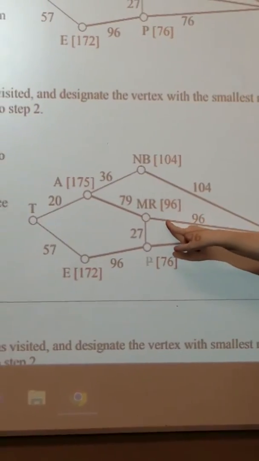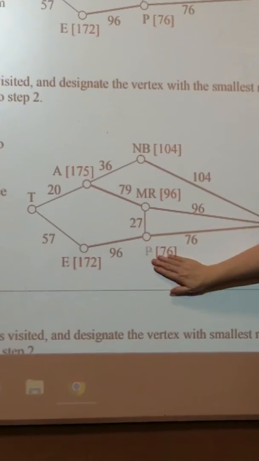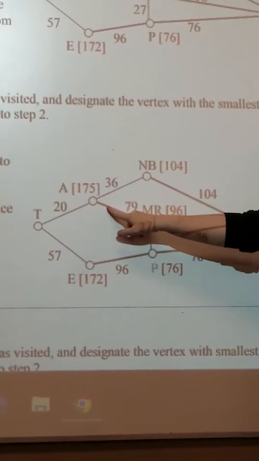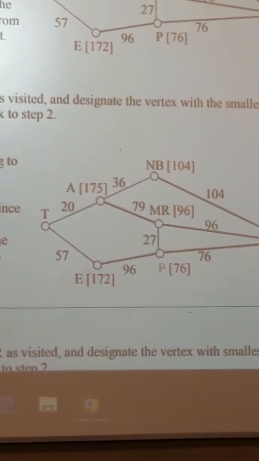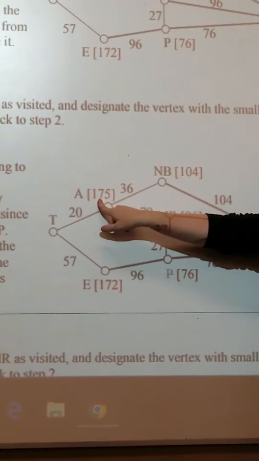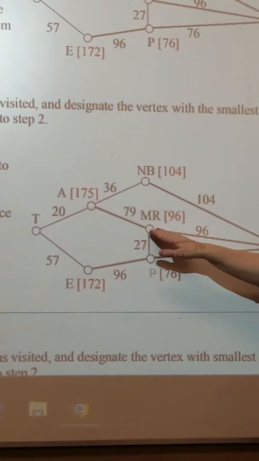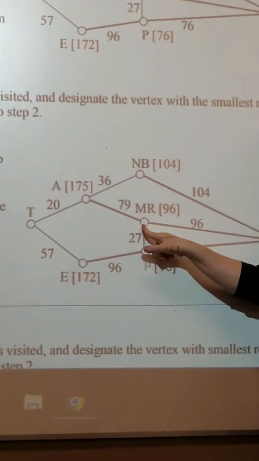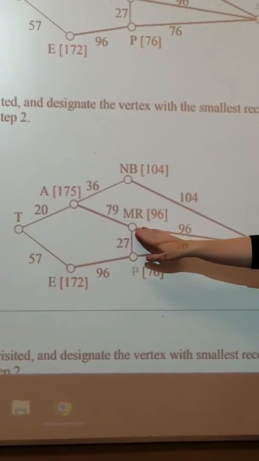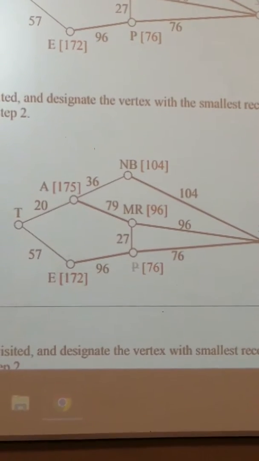For each vertex leading to Mount Rainier and not leading to a visited vertex, so we can't go back to Packwood. We go to any other vertex we haven't visited. We find the distance to the end. 96 plus 79 gives us 175. And that's all we can consider, because that's all that attaches to Mount Rainier. Since we've already visited Y and P, that's all we can do, okay? And it's 175 minutes.